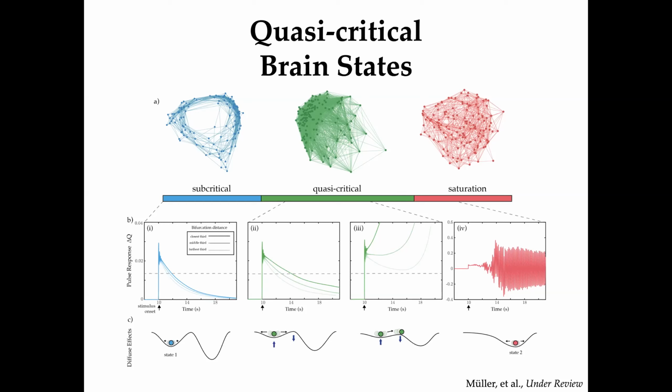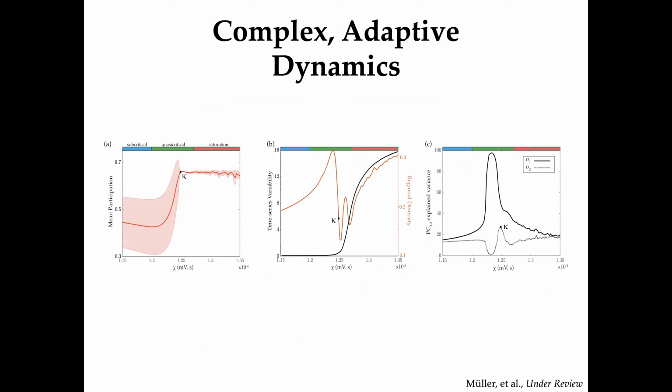And you get this really interesting separation of timescales that can allow you to have subtle interactions amongst regions that you couldn't have in the subcritical or the saturated zone.